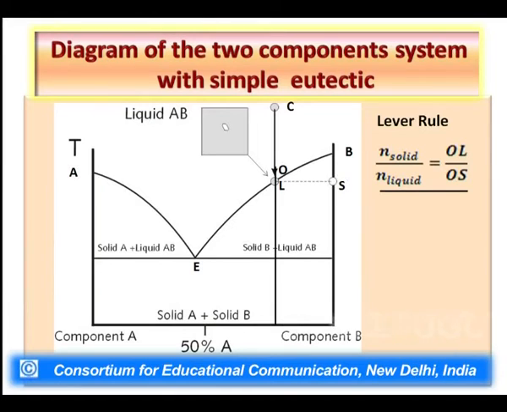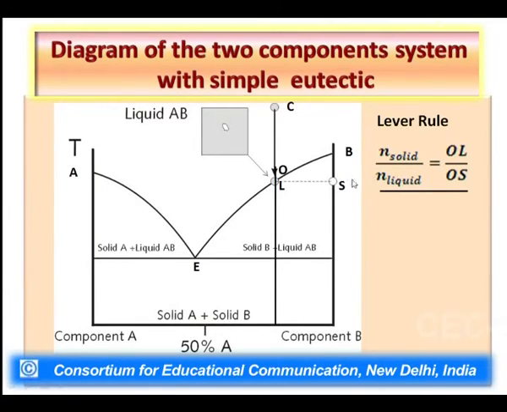Because that solid phase has only one substance, that is substance B, its amount fraction will always be unity, or in other words it would be 100% B. So, therefore, this line segment LS meets the axis B at point S. So, this point S represents the composition of this solid phase.